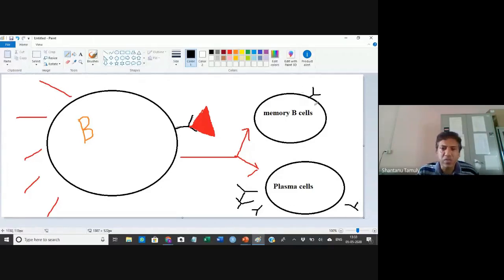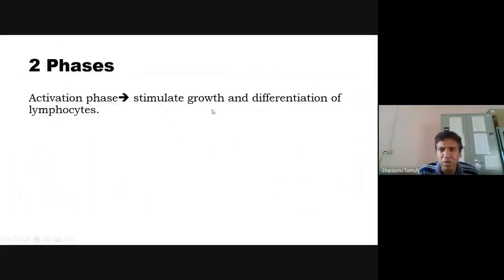Now this differentiation of the B cell into memory cell and plasma cell is helped by different types of cytokines. Upon antigen binding, these B cells get activated, and this activation is also helped by cytokines. As the statement says, in the activation phase it stimulates growth and differentiation of the lymphocytes.